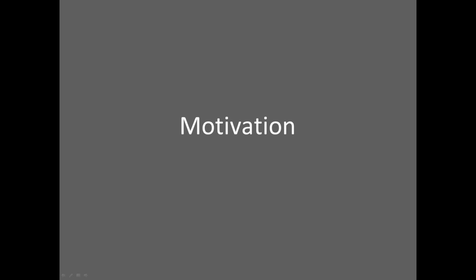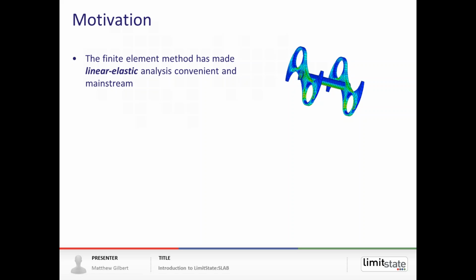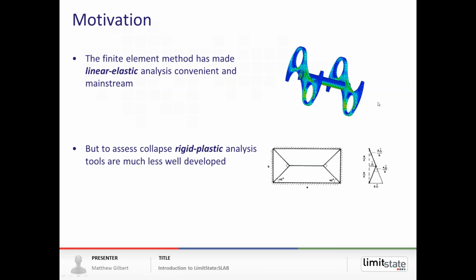Okay, so what is our motivation? If you step back and look at the engineering analysis field as a whole, what you can observe is that the finite element method has really made linear elastic analysis convenient and mainstream. So it doesn't matter what the geometry is, we can rapidly and effectively do a linear elastic analysis of a complex component.